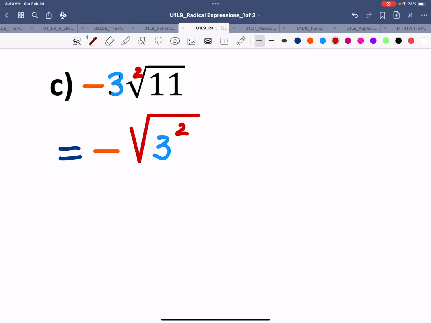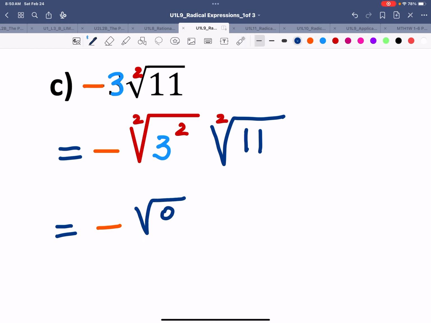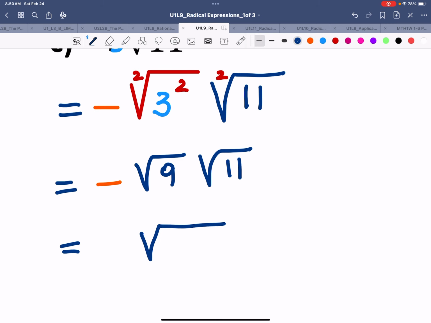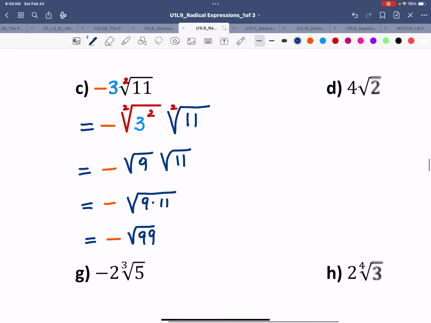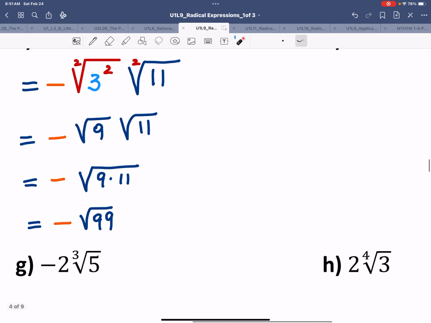So this would be the square root of 3 squared, and we still have the square root of 11. Again the minus sign will stay outside. We'll have the square root of 3 squared, which is 9, multiplied by the square root of 11. So this would equal negative the square root of 9 times 11, or in a more simplified form, negative the square root of 99. Voila, this is the entire radical. This time it has a coefficient of negative 1.